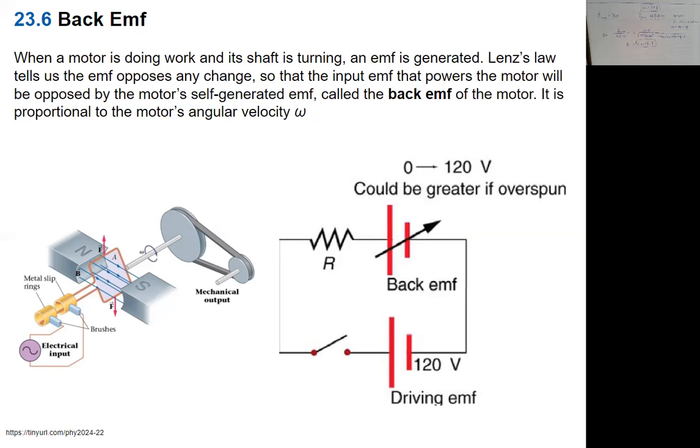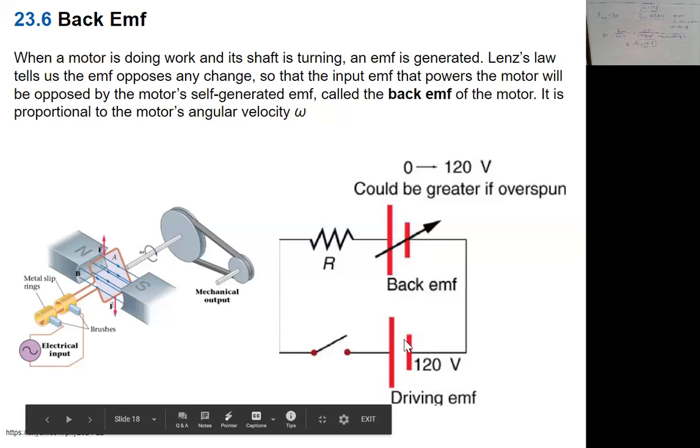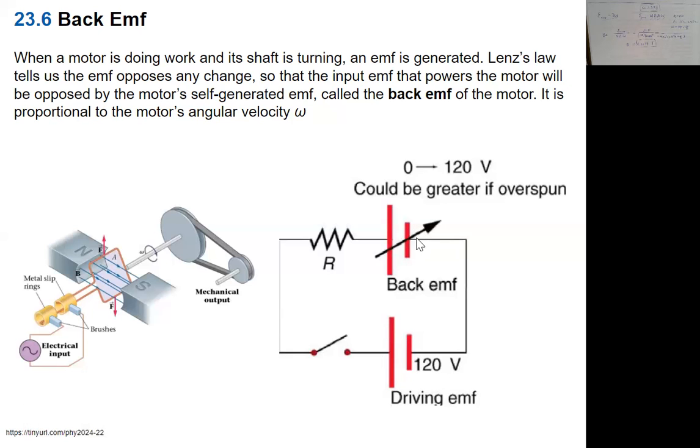The result is that you'll have a back EMF generated, a voltage opposed to the electrical input source voltage. This is typically less than, for example, if the driving EMF is 120, then this is in the range from 0 to 120, depending on the speed the coil is moving. But it's in the opposite direction of it. So that's called the back EMF.